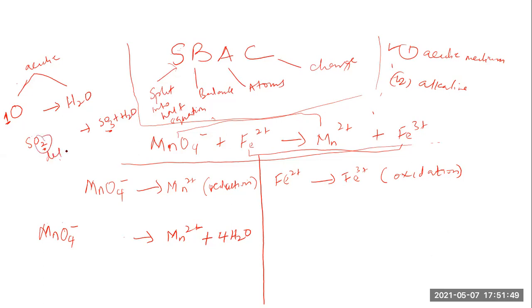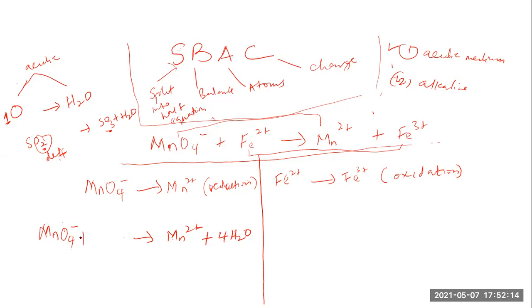So I will only balance with one molecule of water. But here I have 4 deficient. The manganese ion doesn't have any oxygen at all, so 4 is missing. I must balance with 4 molecules of water. If it is 2 that is missing, 2 molecules of water.